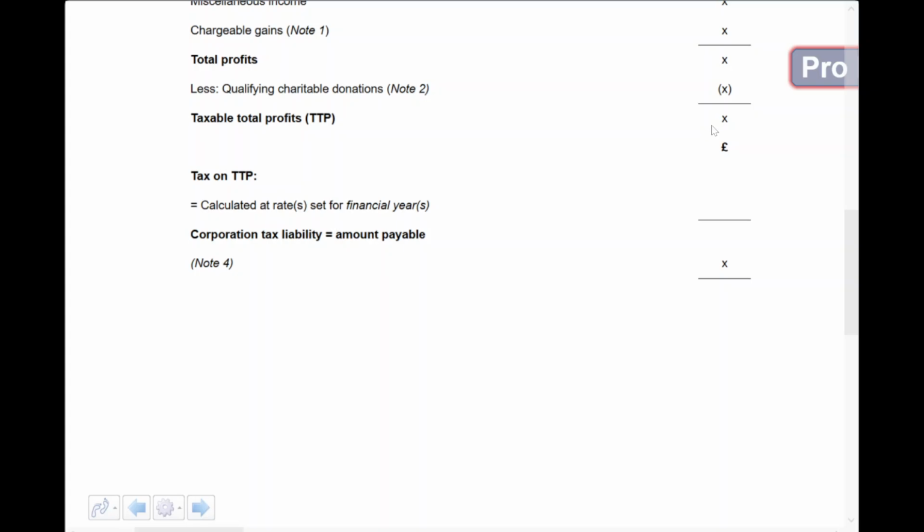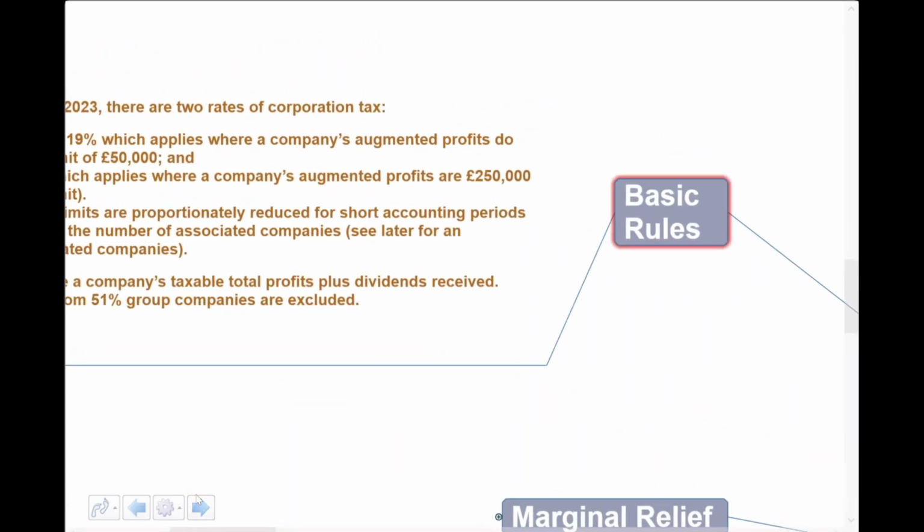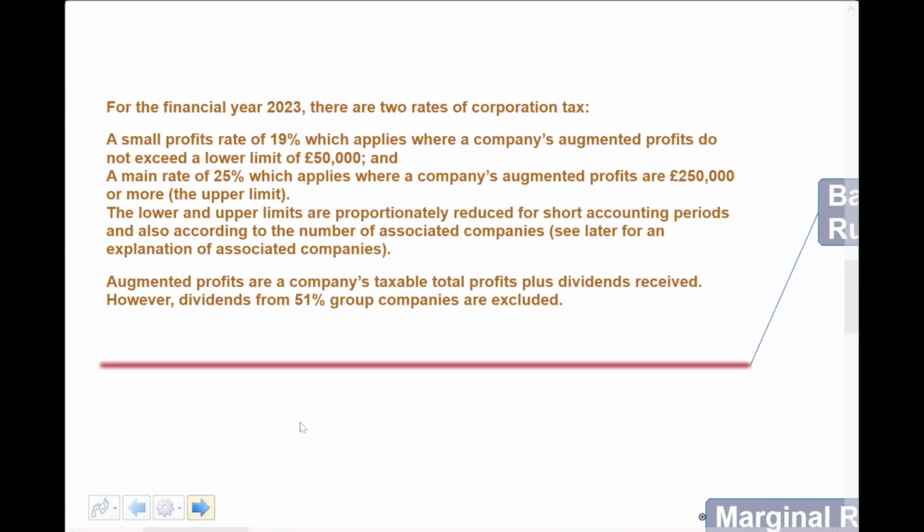So what augmented profits means is that we would take this number, taxable total profits, add in dividends received, but none from group companies, i.e. 51% plus, and then compare that figure, i.e. augmented profits, to the lower limit and the upper limit, noting that, as I've said, the upper and lower limits can be adjusted for short accounting periods.